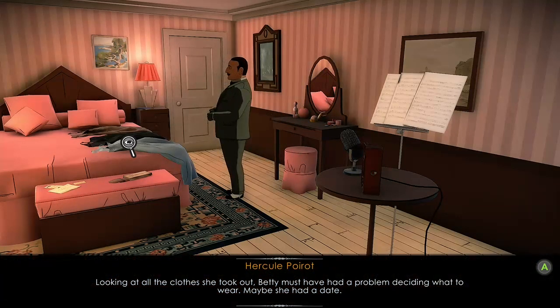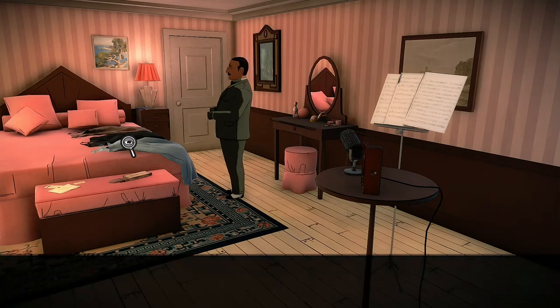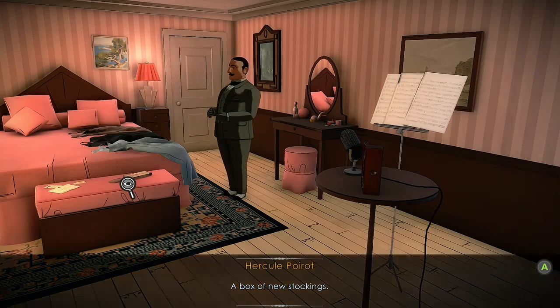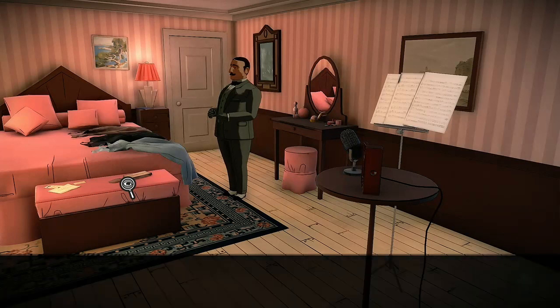Looking at all the clothes she took out, Betty must have had a problem deciding what to wear. Maybe she had a date? A box of new stockings.